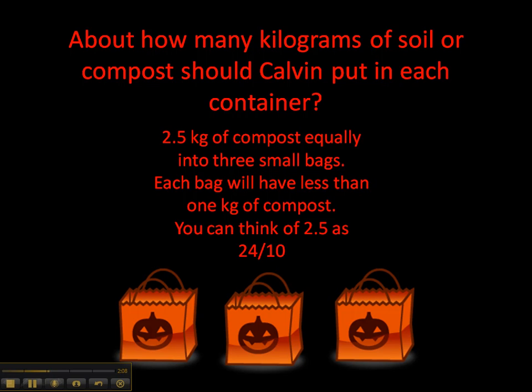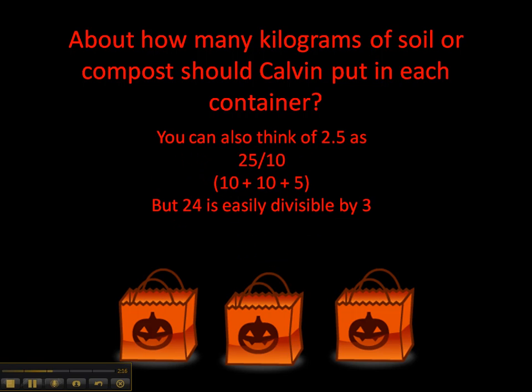What he's going to do is turn 2.5 into 24 tenths. Now that might seem like an unusual way to do it, but let's talk about why he's doing this. 2.5 can also be thought of as 25 tenths, an improper fraction, because 2.5 is 2 wholes and half of a whole, right?